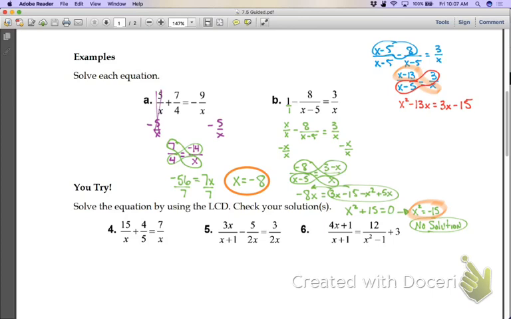We did something wrong on the green one. What did we do? Because this one's going to work out nice and neat.